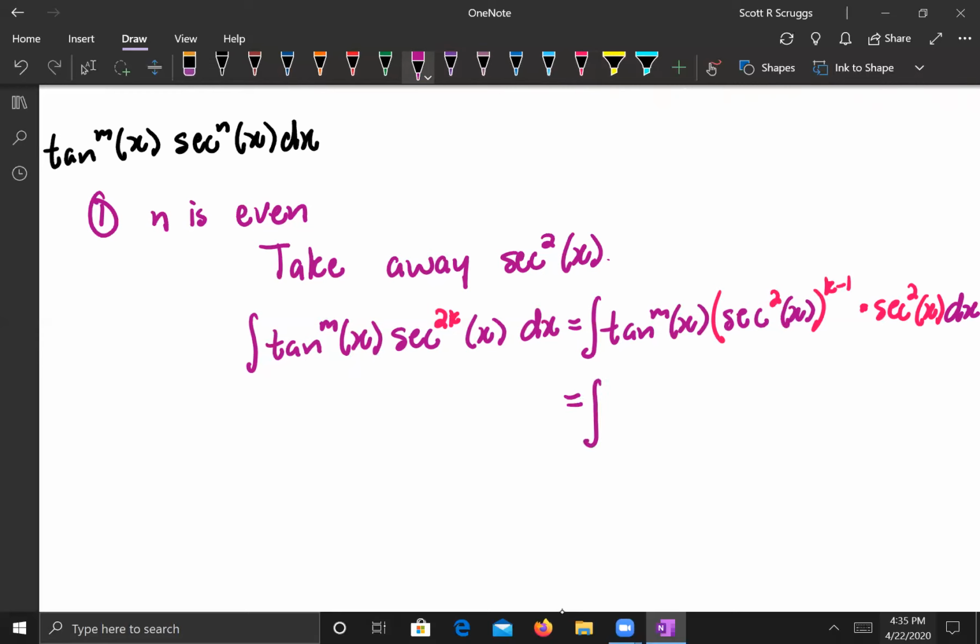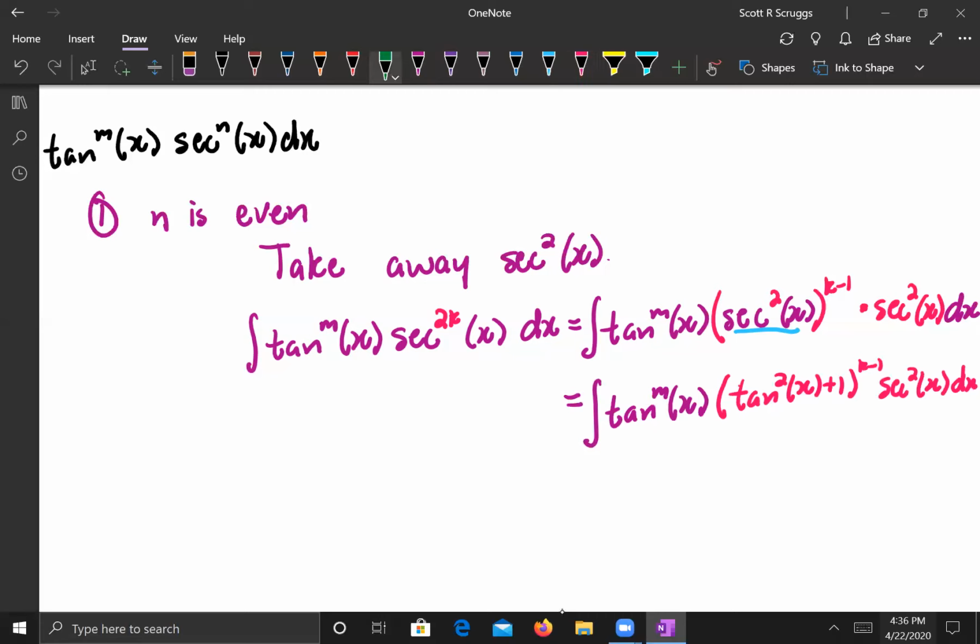Now I'm going to use a different identity with the secant squared I have inside that parentheses. I'm going to use another trig identity to rewrite it as tangent to the n power times secant squared of x. Our trig identity is tangent squared plus 1. And now I have a secant squared of x dx.